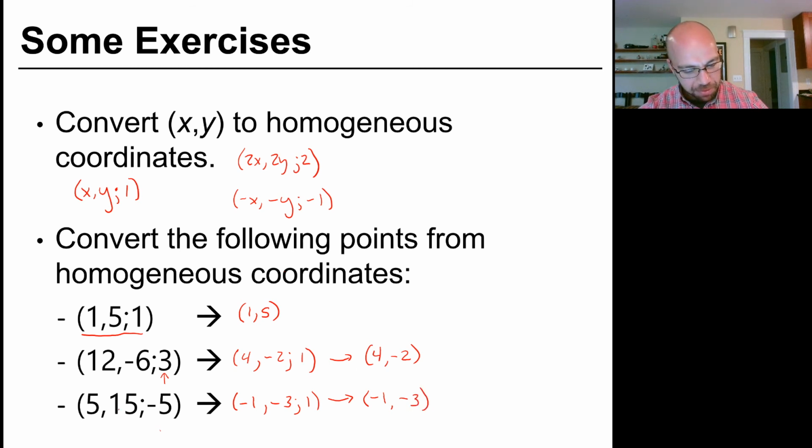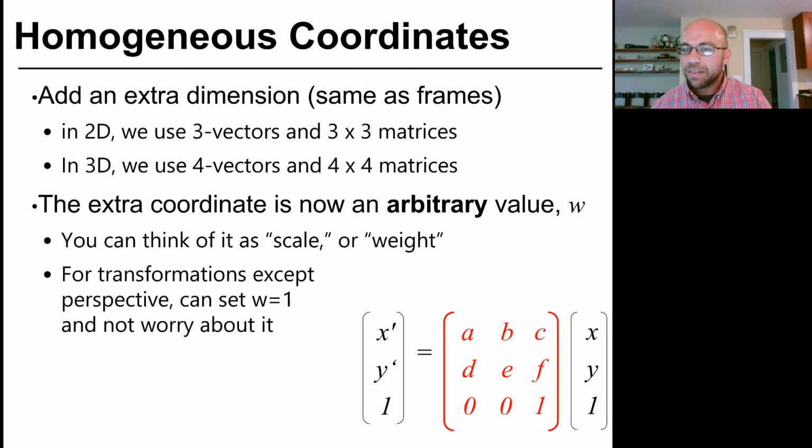Hopefully I did that right. Minus 1, minus 2. Yep. Okay. So you can see that it's really not so hard to convert things to homogeneous coordinates and back out, right? So if I want to convert to homogeneous coordinates, the easiest thing to do is just stick a 1 on the end. And if I want to convert away from homogeneous coordinates, I first normalize by dividing by that last coordinate and then throw away the 1 that's sitting there.